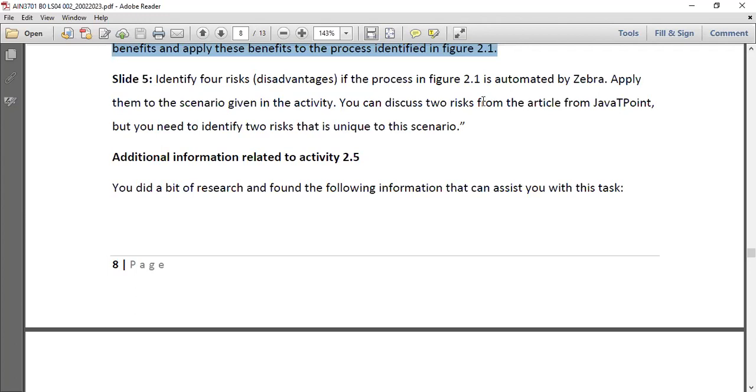You can discuss two risks from the article from Javatpoint, but you need to identify two that are unique, right? The ones on the Java, I think I gave you in the class last week. So they are on the document on the Java I gave you last week when we were doing them. Right.